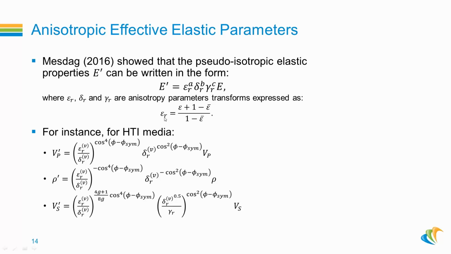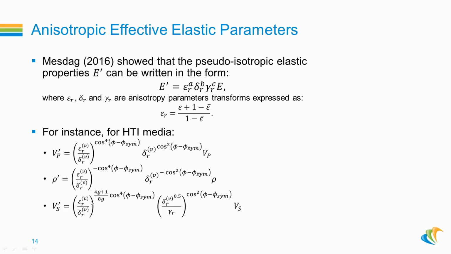And when you do this, you can, for instance, for HTI media, rewrite your elastic parameters Vp, rho, and Vs into their effective elastic parameters Vp prime, rho prime, and Vs prime. And the formulations are given here.